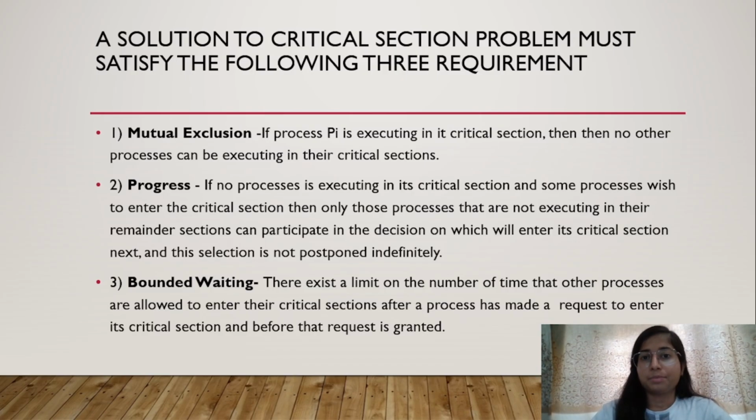After asking two or three times, the process should get its permission to execute in its critical section. So the solution to the critical section problem must follow these three points, and only then will it solve our critical section problem, otherwise not.